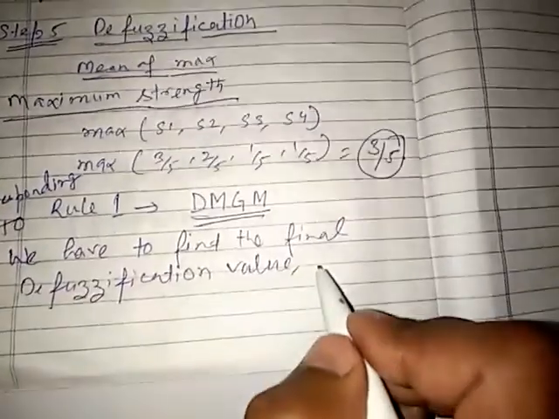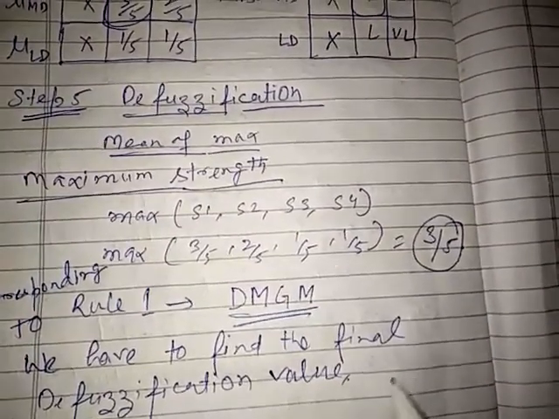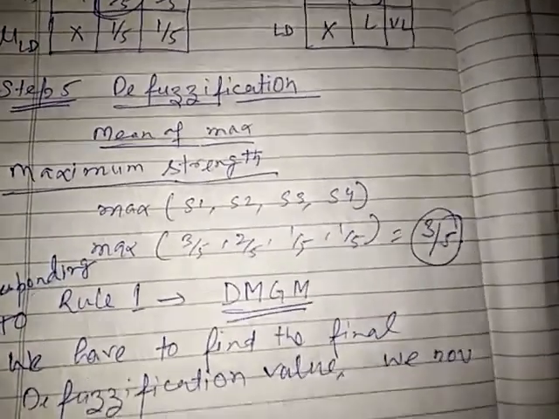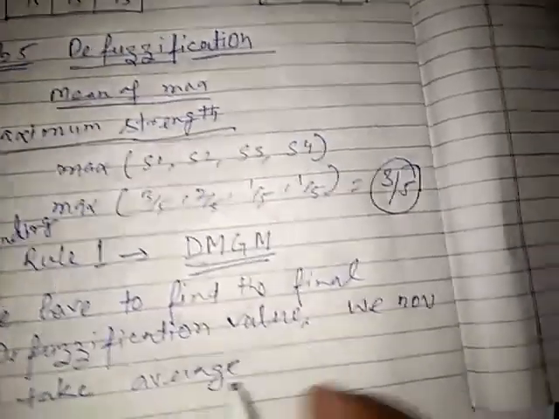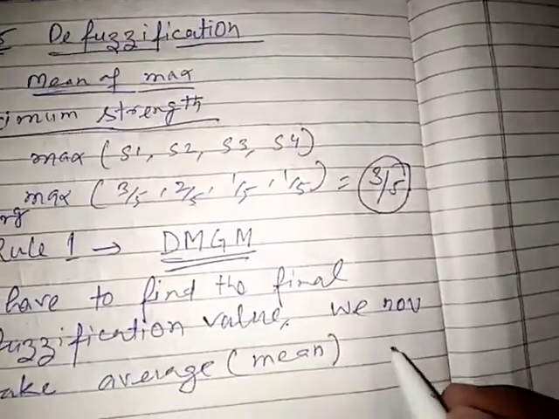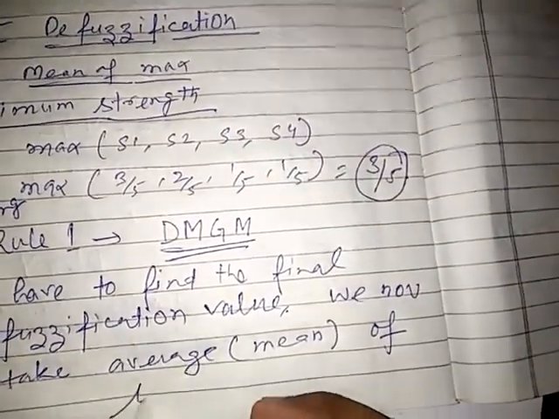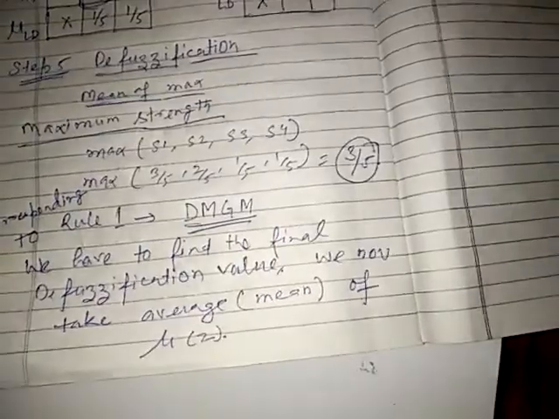And we know, to calculate the value we take the average, the mean of the membership functions z that we have calculated.